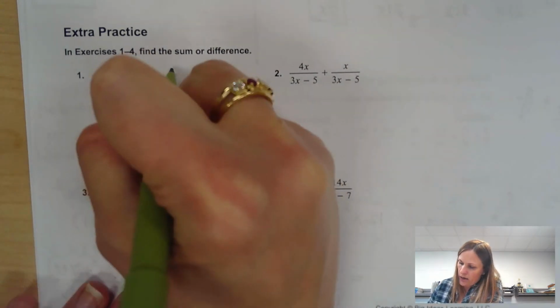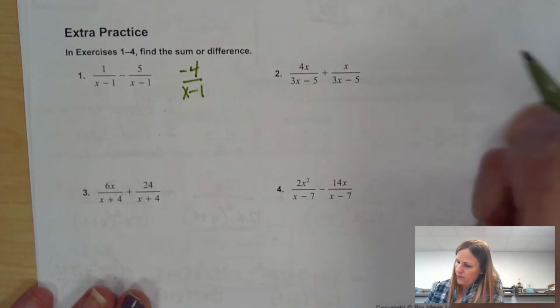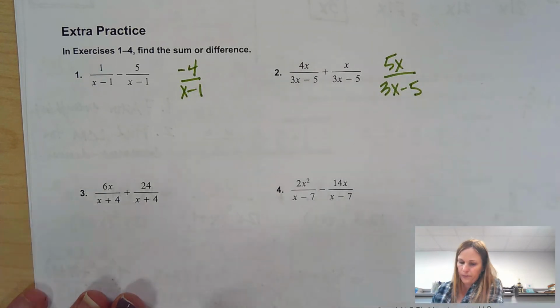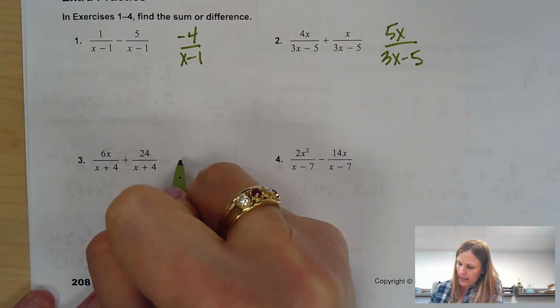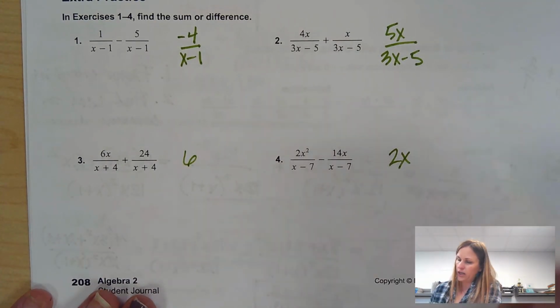All right, so I'm starting on page 208. The answers are, for this one, -4 over x minus 1. For number 2, you should have gotten 5x over 3x minus 5. For number 3, I got 6. For number 4, I got 2x.